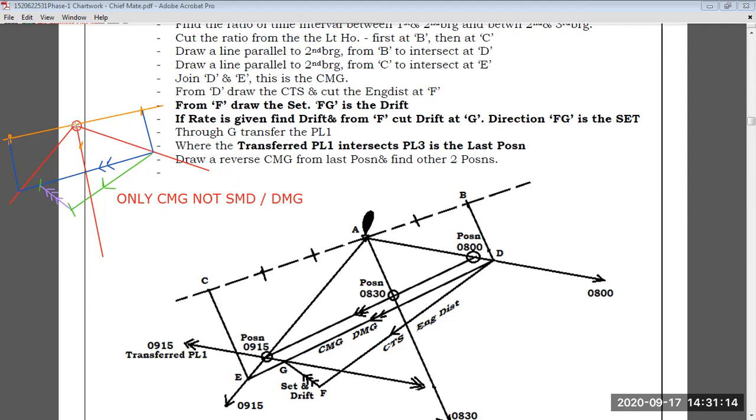First we transfer the initial PL. So this 0800 PL we transfer to this point, that is our final estimated position.